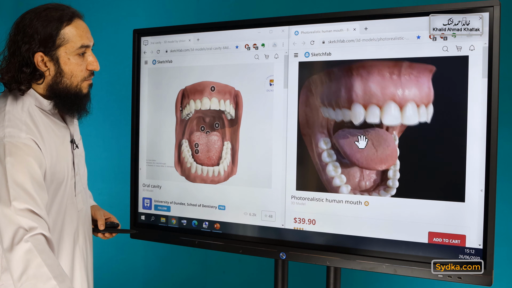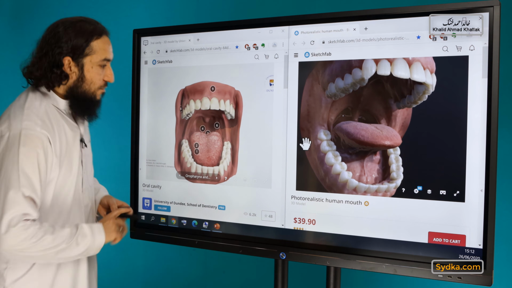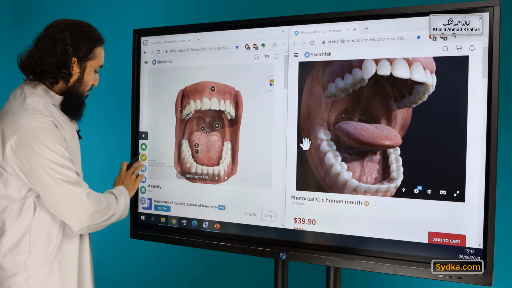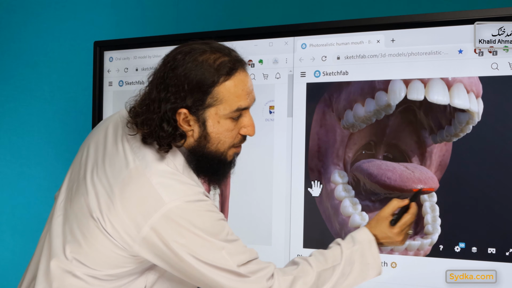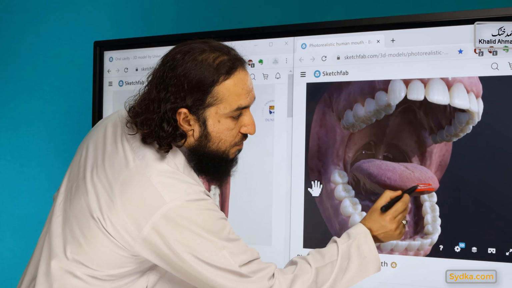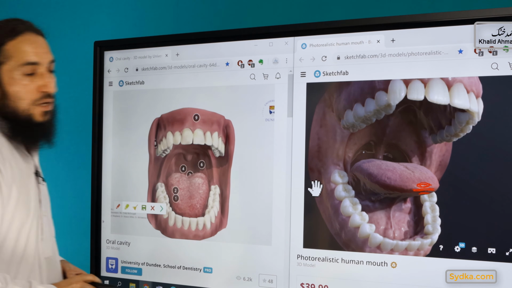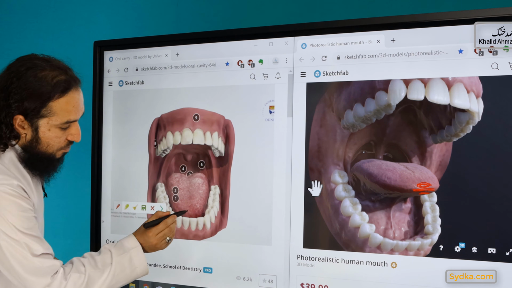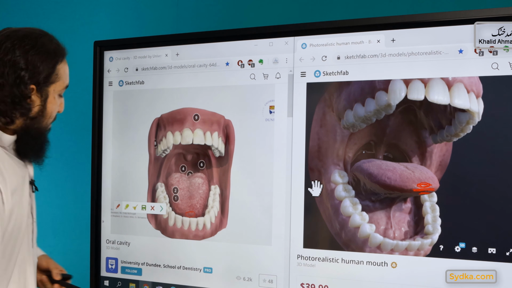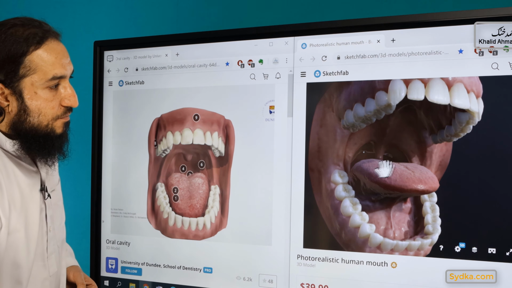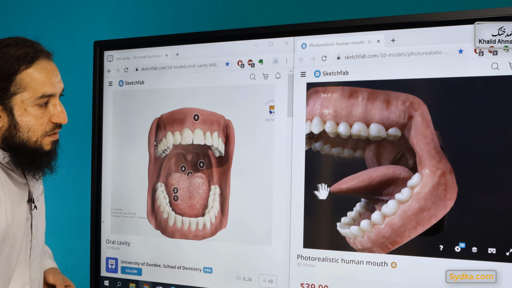As we explained earlier, this part is the tip of the tongue, that is the top side of the tip, and this is the underneath side. We will be using the top side of the tip of the tongue. I think that's the best explanation. You can see it from the top or the side.